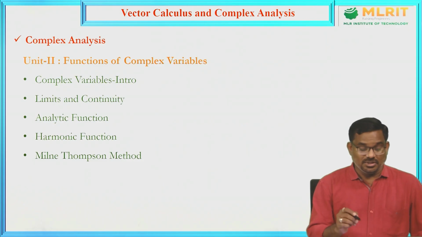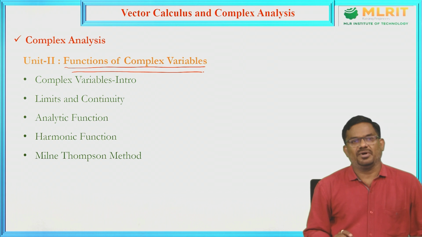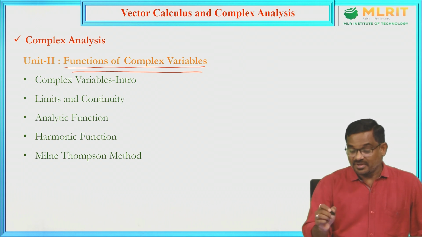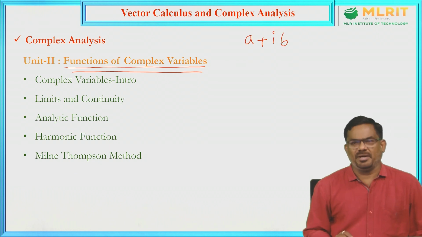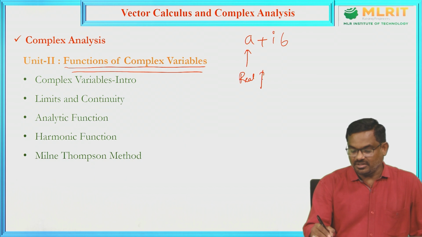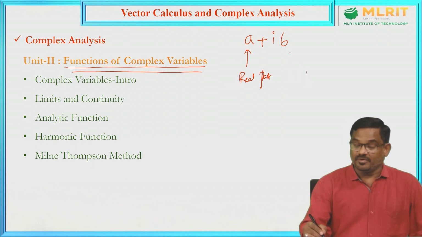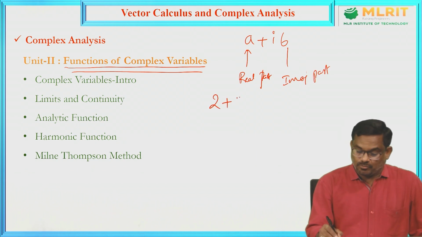Coming to the second unit, here we introduce the functions of complex variables. So what is a complex variable? We know that a complex number is in the form a plus ib, where a is called the real part and b is called the imaginary part, for example 2 plus 3i.